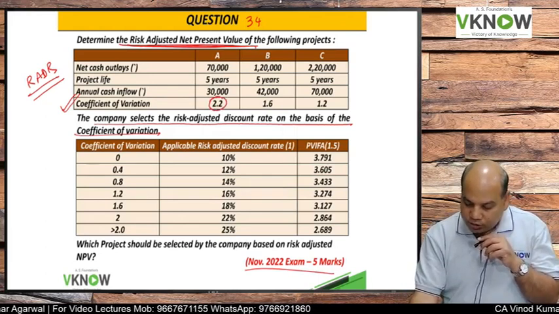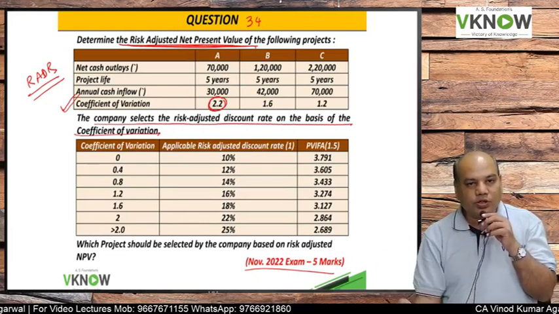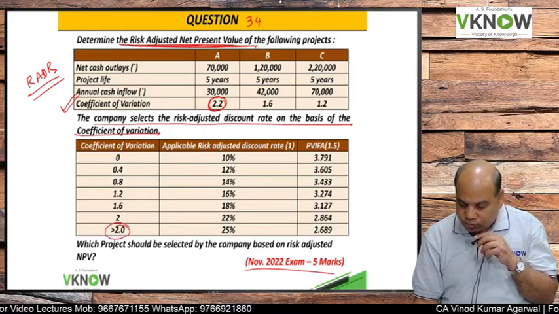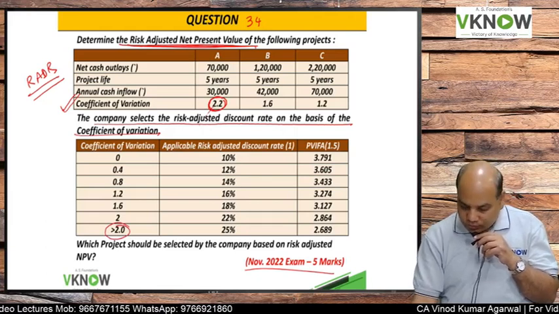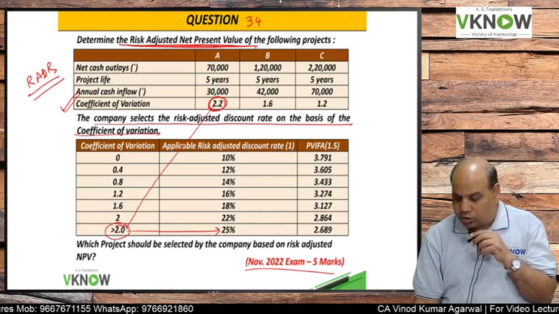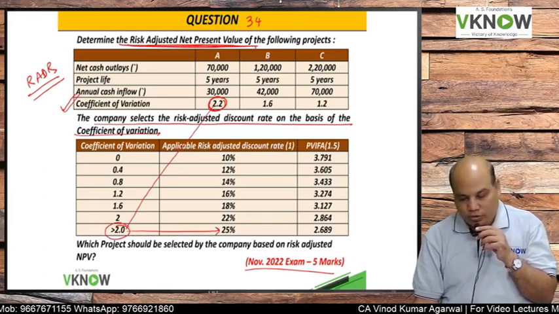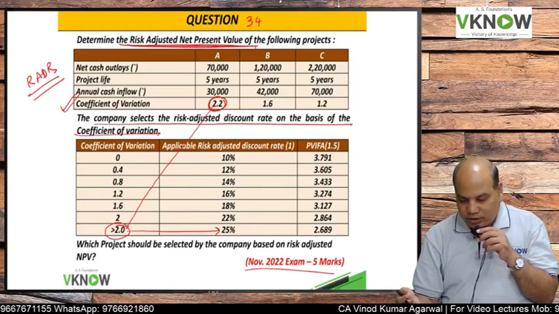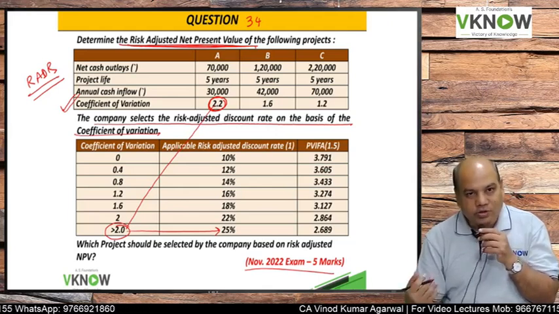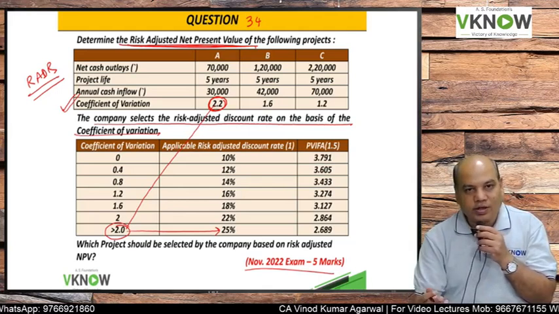So if the project has 2.2 coefficient of variation, which means it is greater than 2, it will have discount rate of 25% because it has a higher risk. Higher CV indicates higher risk. So they are using a higher discount rate because project A has a higher risk.